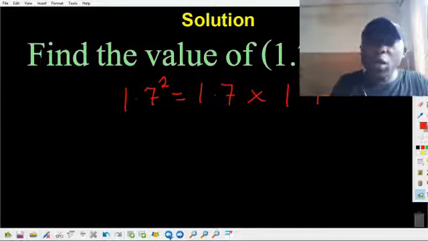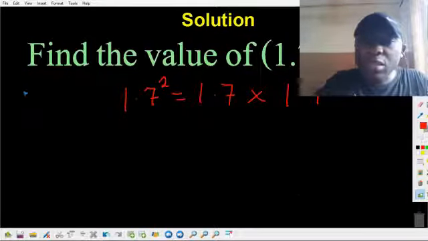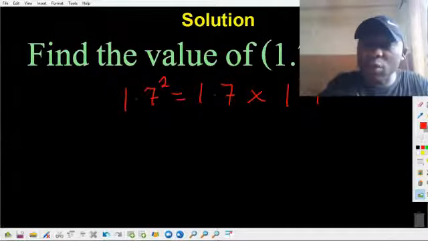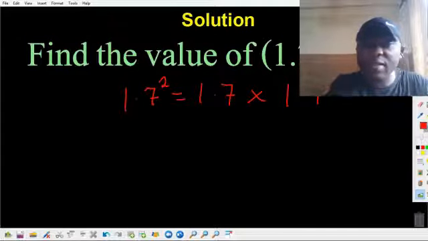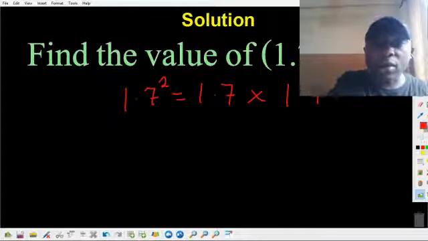The best way to multiply decimal numbers is to convert the decimals given to fractions. How do we convert this to fraction? Looking at this 1.7, it has one decimal place, so we are going to count one decimal point.